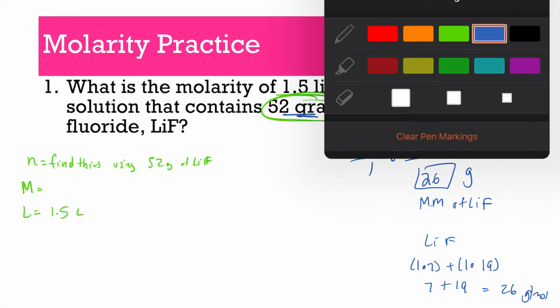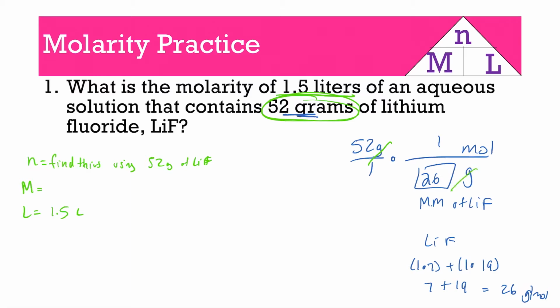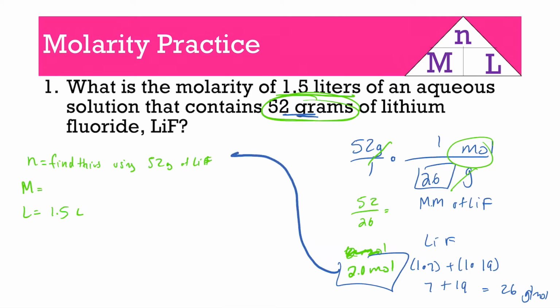So that goes there. Our units cancel out. We're left with moles. And so 52 over 26 gives you 2 moles, or I should rather put 2.0 moles. Now, that's not our answer. We're just using this in here. So now our n is 2.5 moles. Again, we knew our volume.